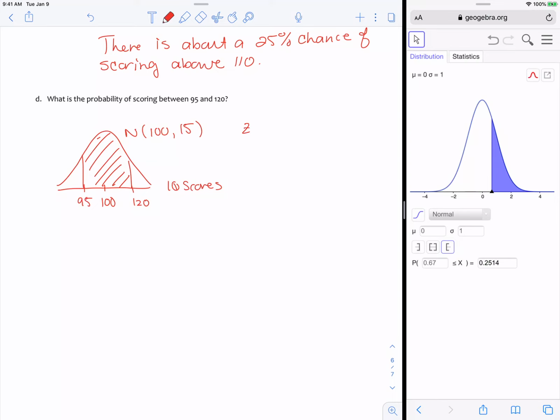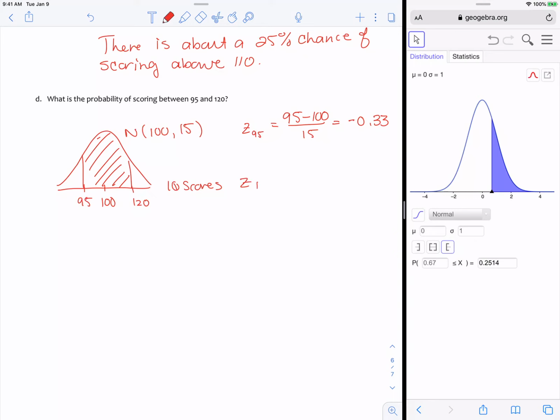So I need to calculate my z-scores. First for 95, that'll be 95 minus 100 divided by 15, which equals, to 2 decimal places, negative 0.33. We know it's going to be negative because that 95 is less than our center of 100.